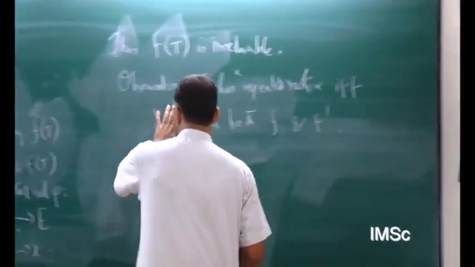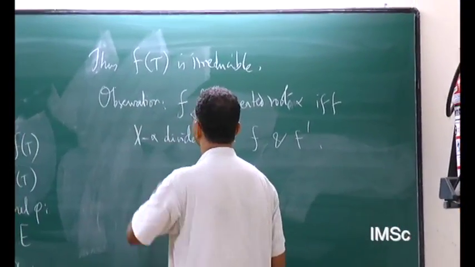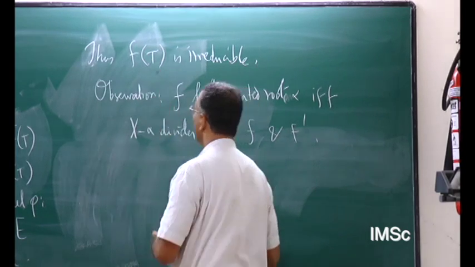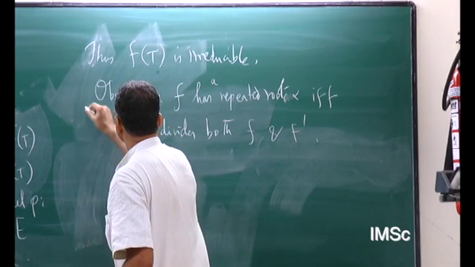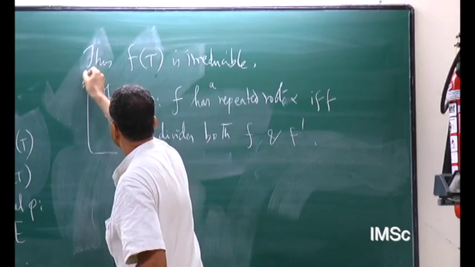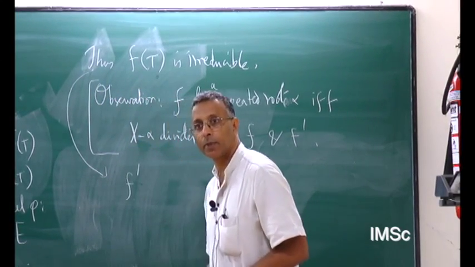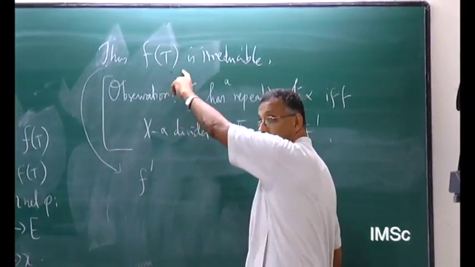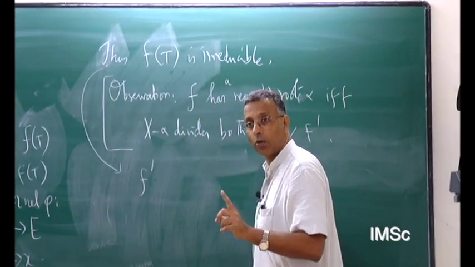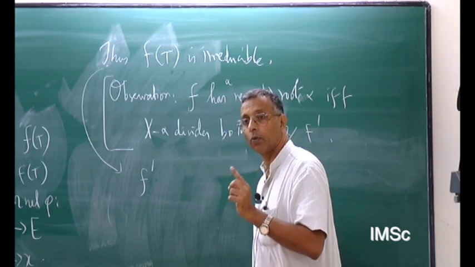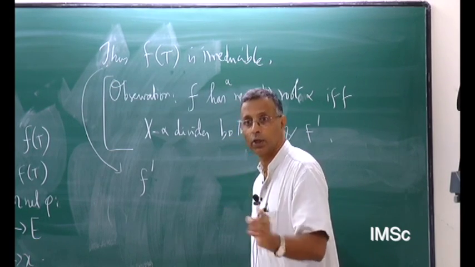This is a general observation, and now if f is irreducible in characteristic 0, what do I know? The crucial thing I am using here is that I am in characteristic 0, so I conclude that f prime is non-zero.